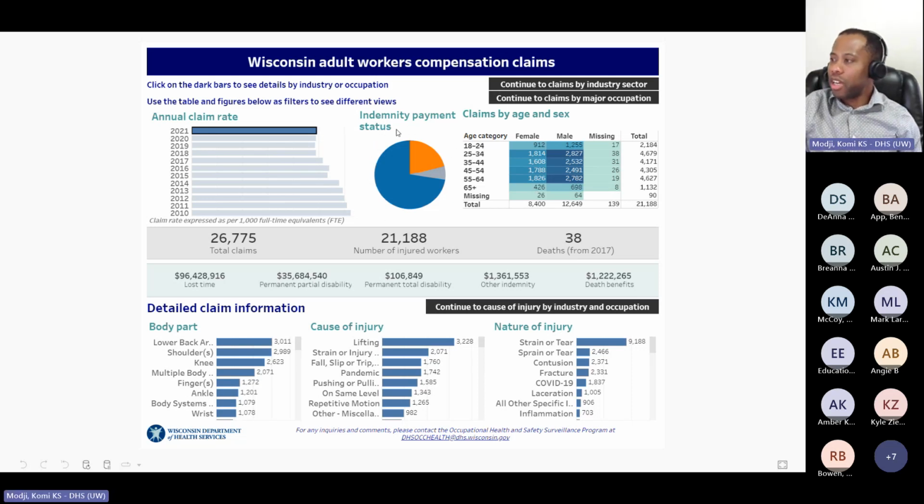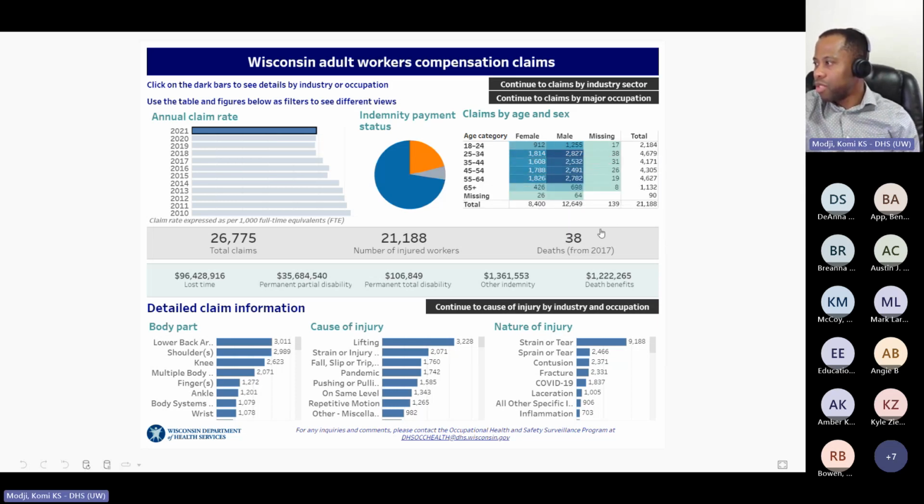We also have a pie chart here on the top that shows the distribution of claims, whether they were paid, denied, or no lost time. So 72% of the claims were paid in 2021, 21% were denied, and then 6% were considered no lost time. That means between the injury and the return to work, it was 3 days.